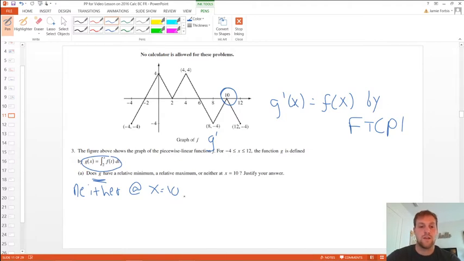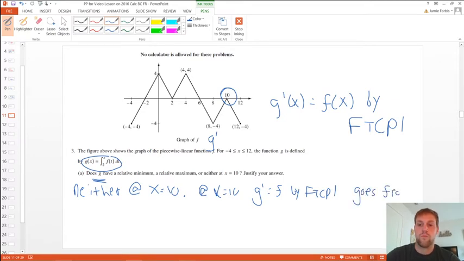And the reason is, at x equals 10, g prime, which is equal to f by FTC part 1, goes from negative to negative, therefore being neither max nor min.